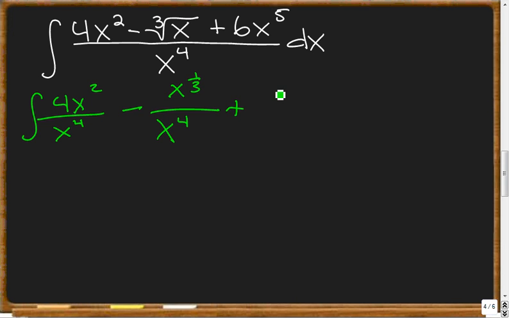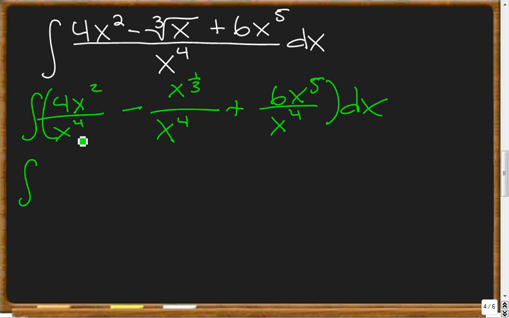And then finally, you're adding on 6x to the 5th over x to the 4th. And this is all one piece. Well, splitting it up is going to allow me to cancel things out, to simplify it as best I can for each one of these.